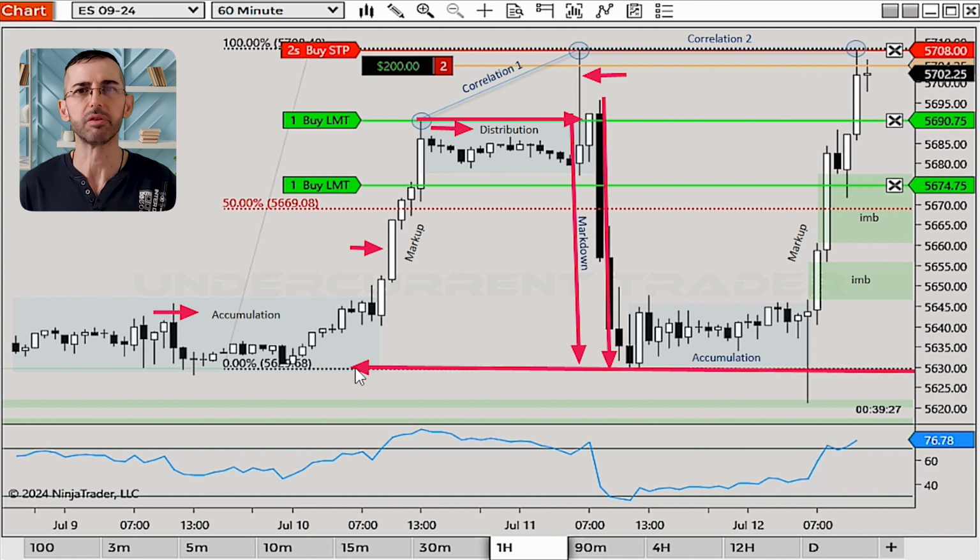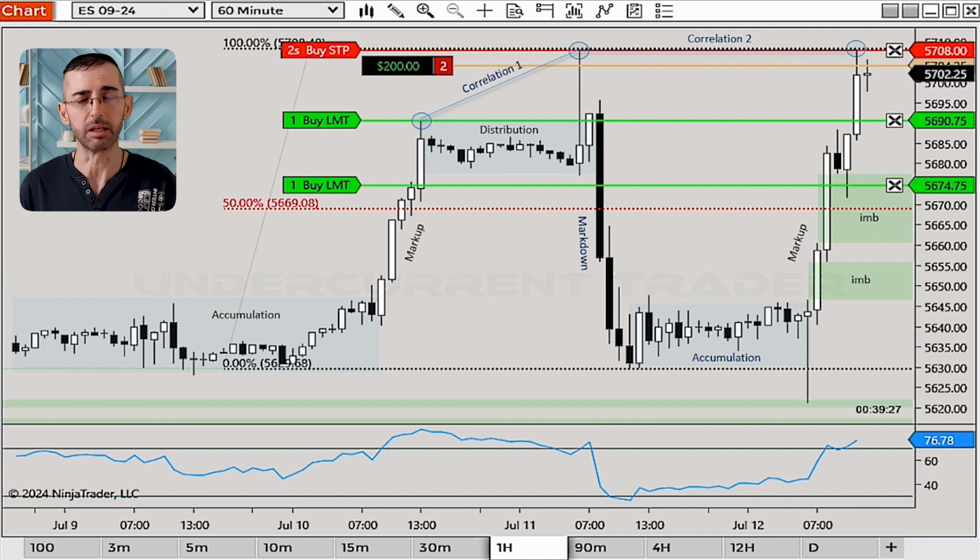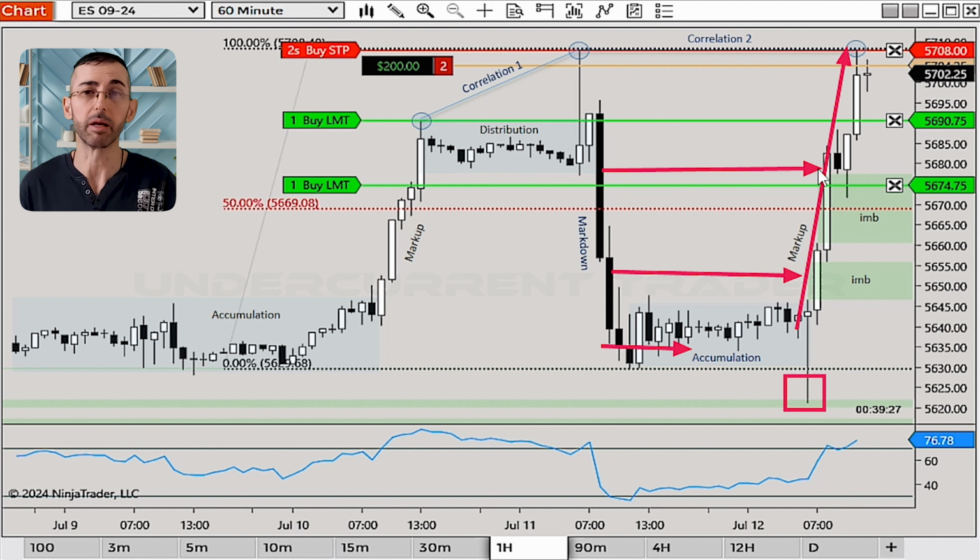So after this engineered move, the market nosedives with an almost uninterrupted downward price decline, finding support at the 56.30 level. But this is where it gets really interesting, because we then see an AMD repeat with the formation of a consolidation phase. This wick, which shows market rejection and hints at a potential reversal, is immediately followed by this markup or rebalancing move that leads to another market maker buy rate or stop hunt zone.